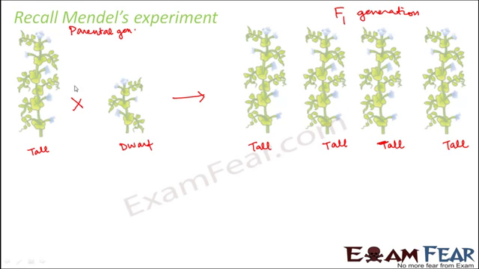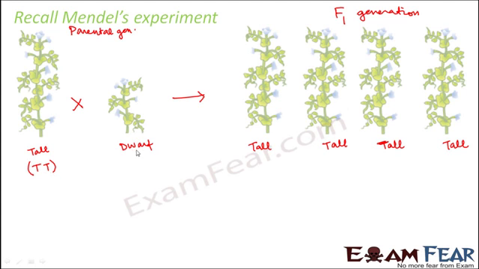That means this plant was formed only by self-pollination of tall plants, so there is no question of having any hidden dwarf trait in this plant. So, this plant is going to be homozygous tall, that means capital T, capital T. It is pure tall, so the genotype is capital T, capital T.